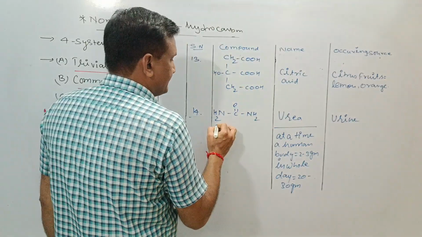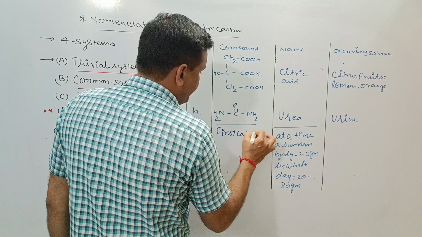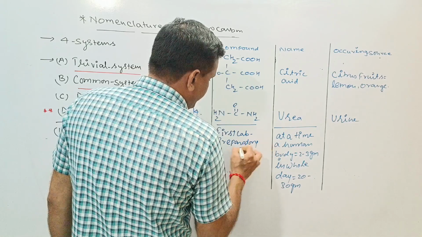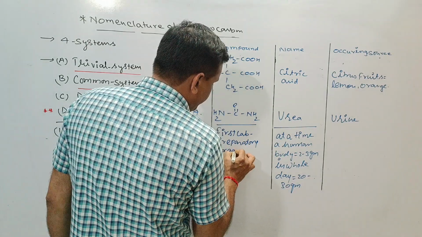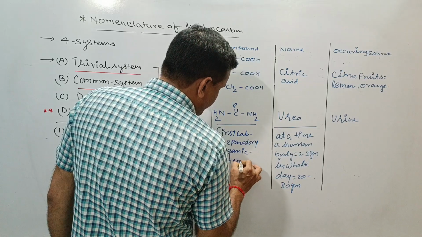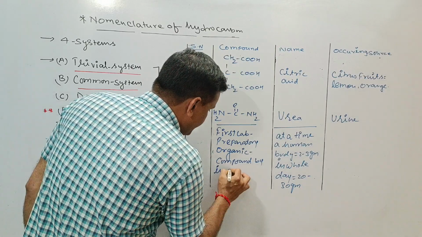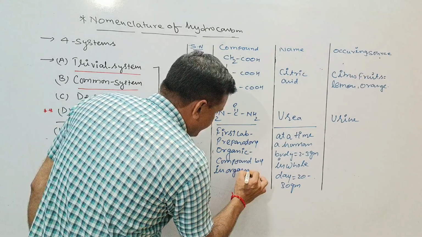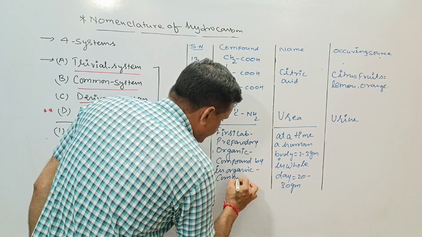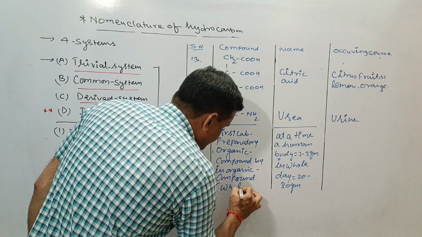This is one of the first lab-prepared organic compounds made from inorganic compounds. The name of that process from which it forms is called Wohler's synthesis.